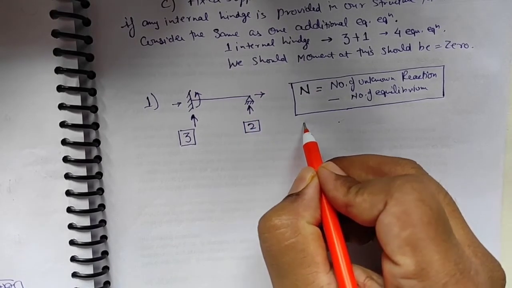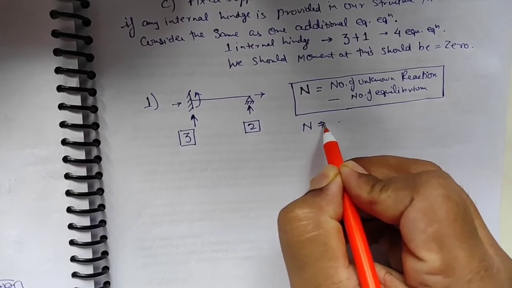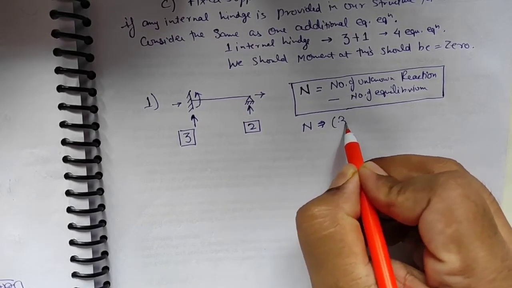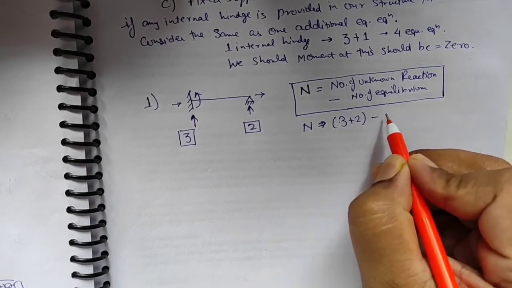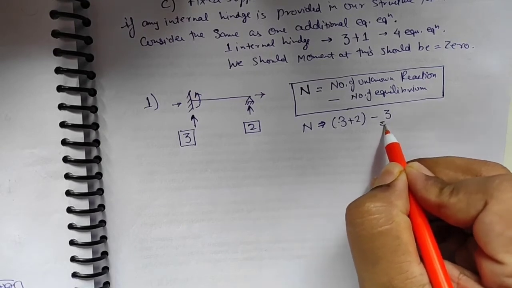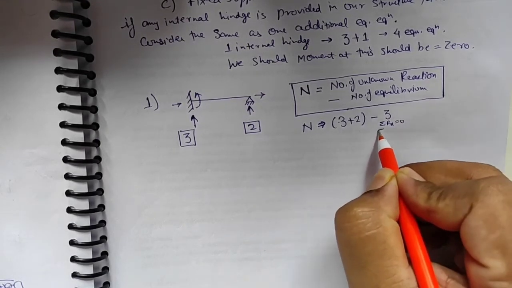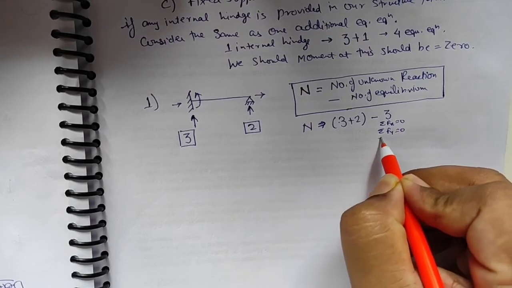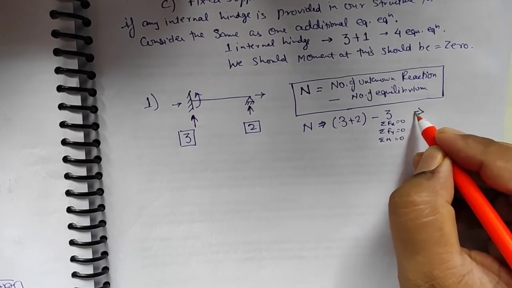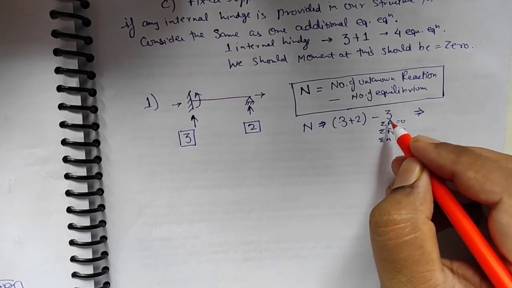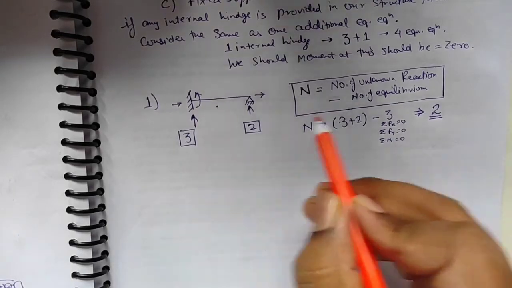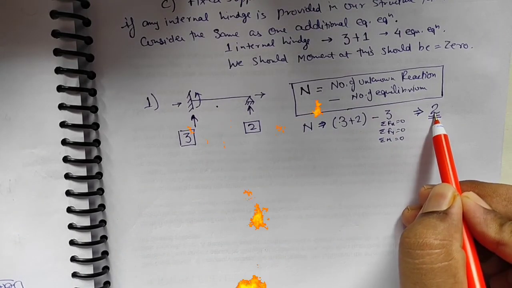So the degree of indeterminacy here will be 3 plus 2, and we know that in total we have three equilibrium equations: summation of Fx is equal to 0, summation of Fy is equal to 0, and summation of all moments is equal to 0. So here we get 3 plus 2, that is 5, minus 3, that is 2. So for this structure the degree of indeterminacy is 2.